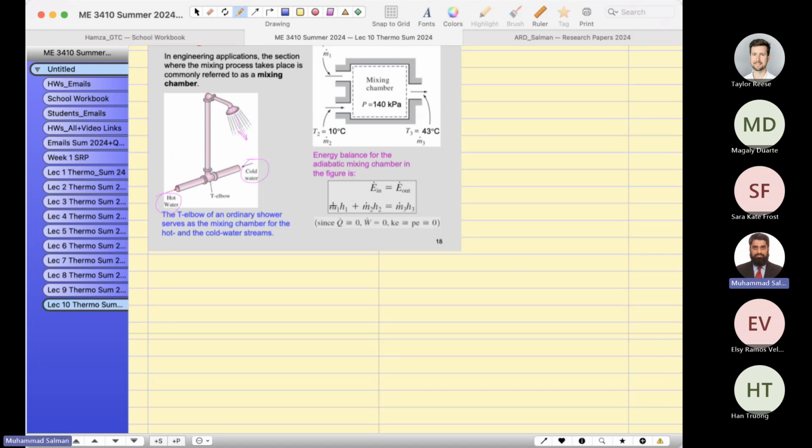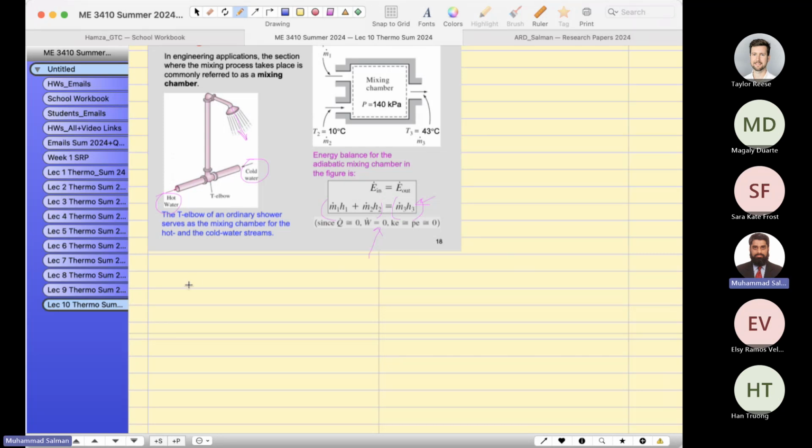Everything going in will be written on the left hand side, coming out will be written on the right hand side, and there is no heat transfer, no work being done, so you will get this answer. So this is the mixing chamber. It is similar to the heat exchanger.